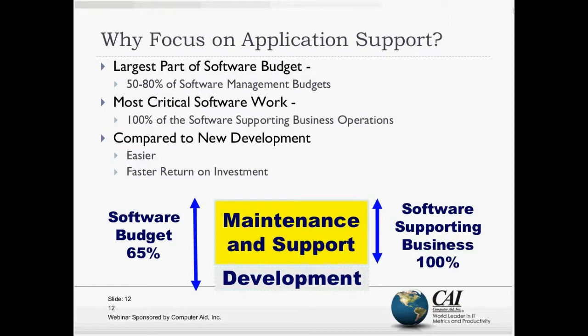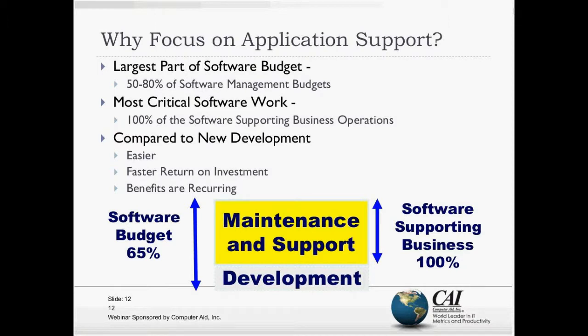You've got maintenance activities that can be measured in terms of hours. So the ability to improve the process and get faster return on maintenance activities exceeds that of new development. And also, those benefits are reoccurring. Once you put an improvement in place in a maintenance environment, it's there to stay.